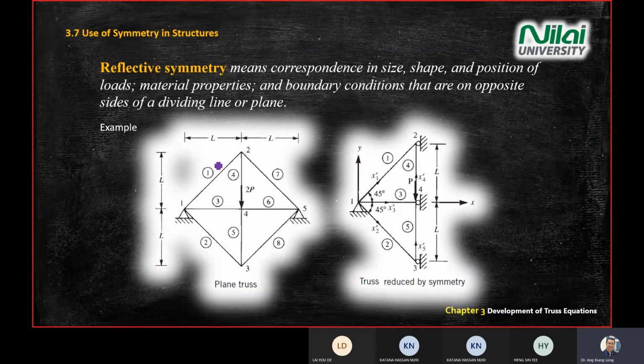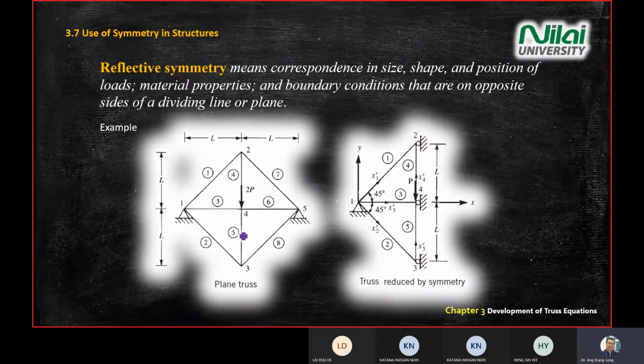Let's say you have a truss system like this, and the length is the same. You see from point 2 to 4 is L, 4 to 3 is L, 1 to 4 is L, 4 to 5 is L, and although it looks very complex, the force 2P is acting along 2 to 3. You have 8 elements here, 1, 2, 3, 4, 5, 6, 7, 8, and point 1 and point 5 are fixed points.